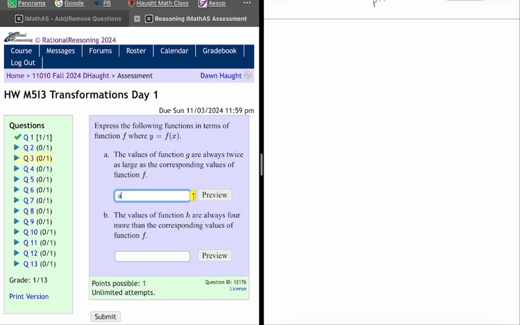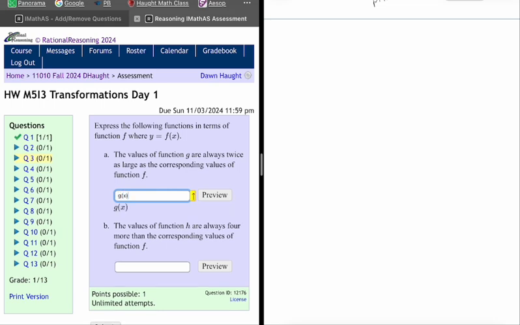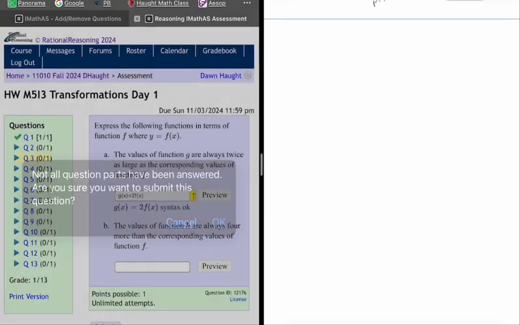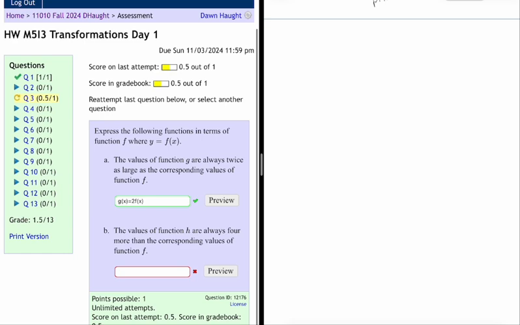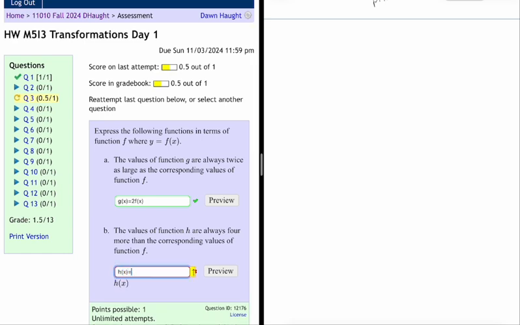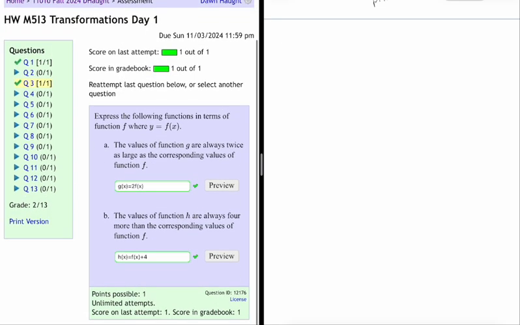So we know that g of x is 2 times f of x. The function h, so h of x, is always 4 more than f of x. 4 more than means I needed to add 4 on to f of x. So that's what they're looking for there.